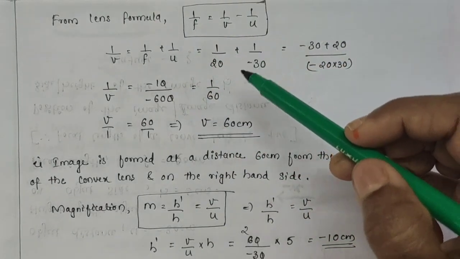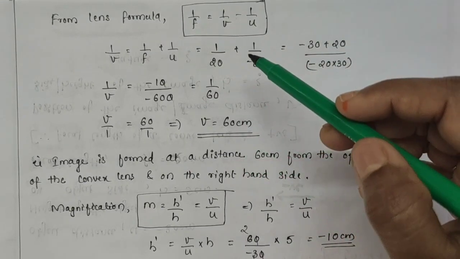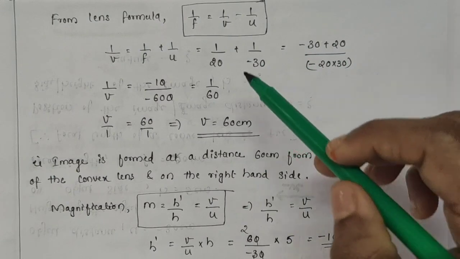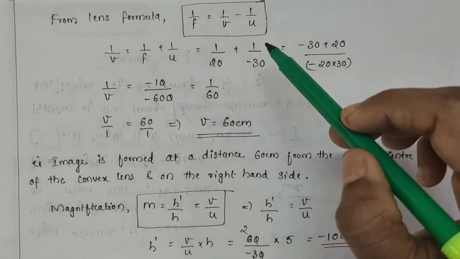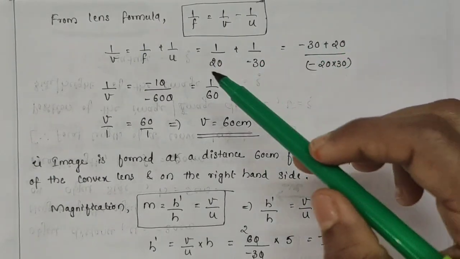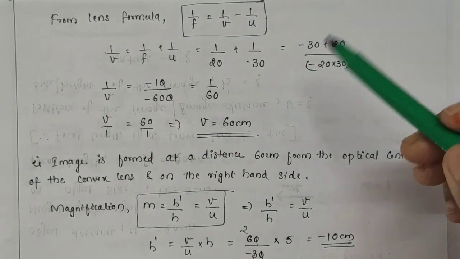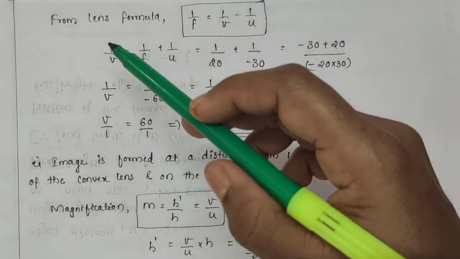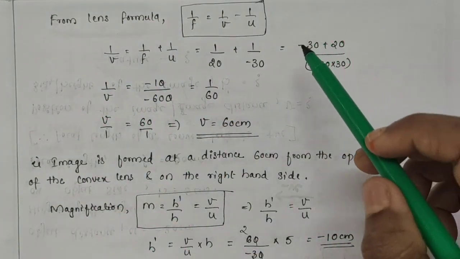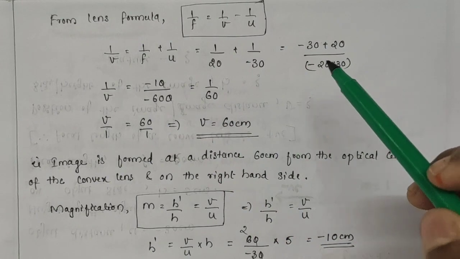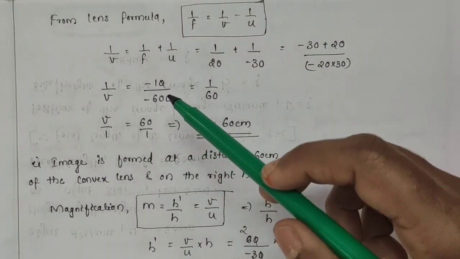Cross multiplication, or make the denominators the same: 1 into minus 30 plus 1 into 20 divided by 20 into minus 30, or minus 20 into 30, both are the same. So 1 by v equal to minus 30 plus 20, which is minus 10, divided by minus 20 into 30, which is minus 600.